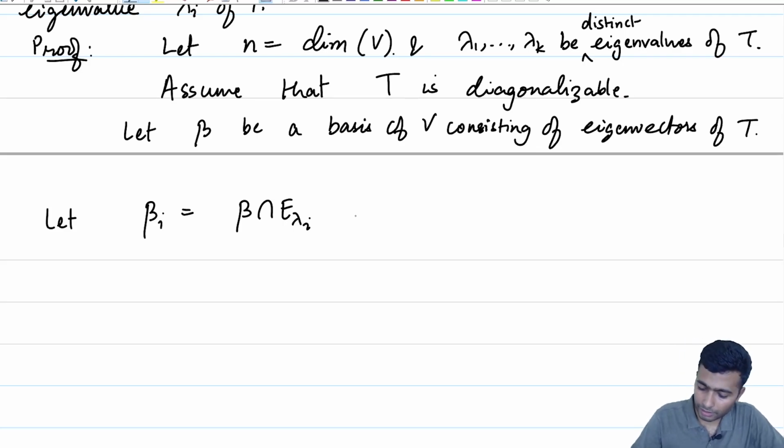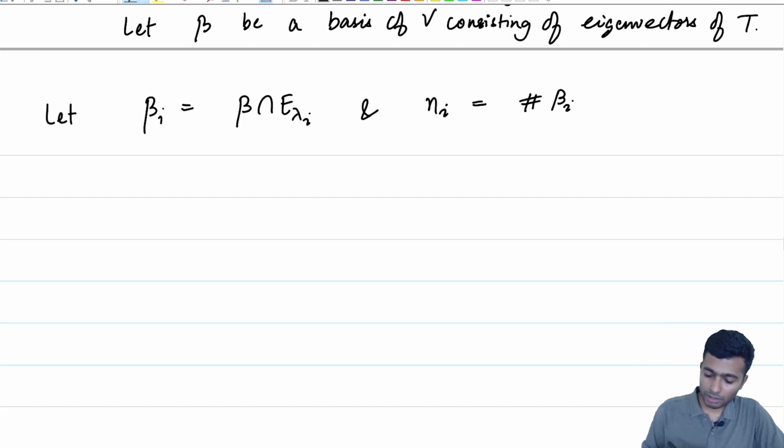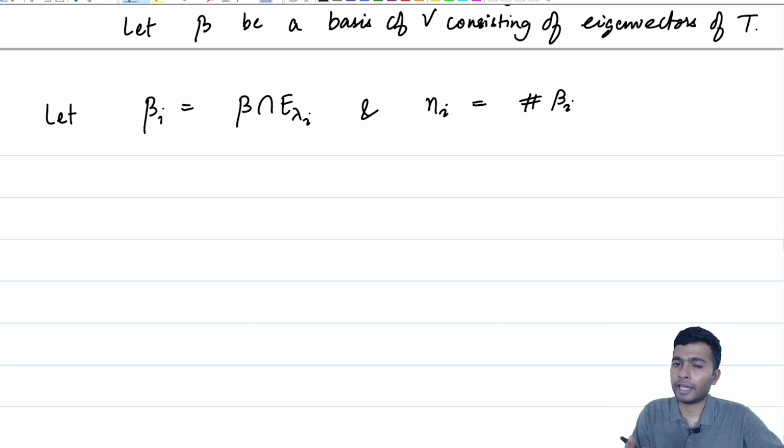Let Ni be equal to the number of elements in beta i. Now, Ni is the number of linearly independent vectors which are eigenvectors corresponding to lambda i, right? And the first observation is that Ni has to be less than or equal to the dimension of E lambda i.